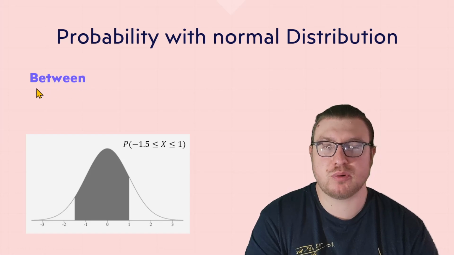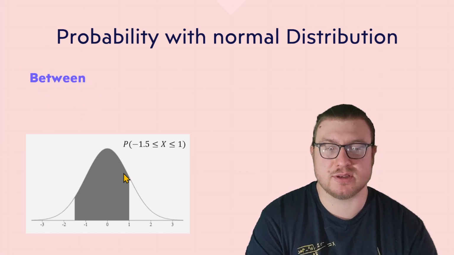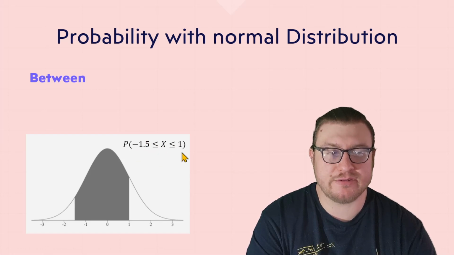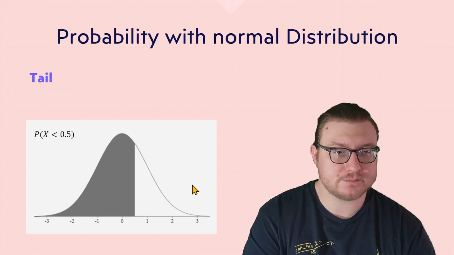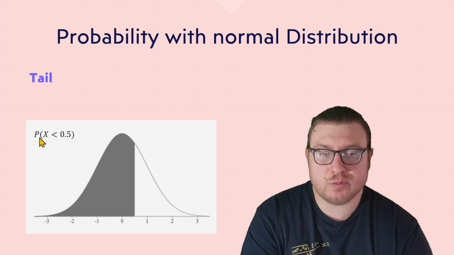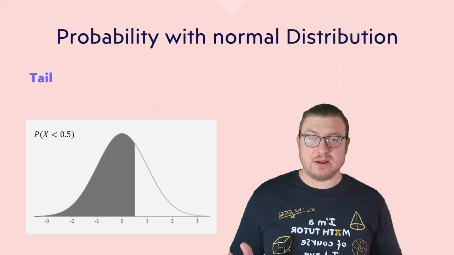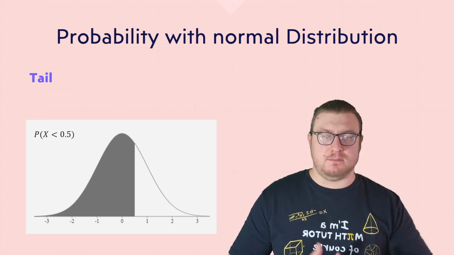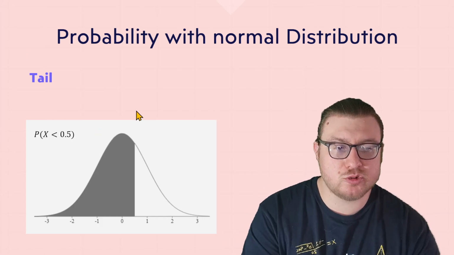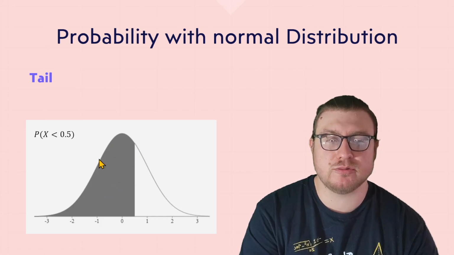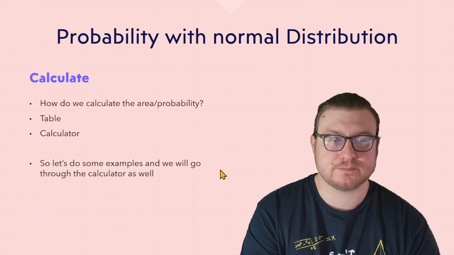This is how we do probability for between two values. We can also do the probability that we are less than 0.5. Again, it doesn't matter if you include the equal sign here. So we're going to draw a line at 0.5, and color in everything that is less, and that will represent our probability.